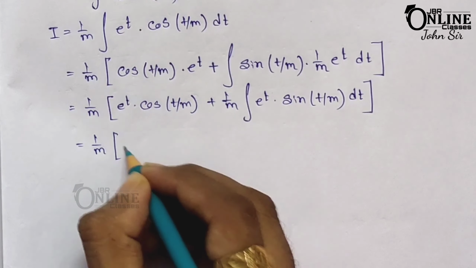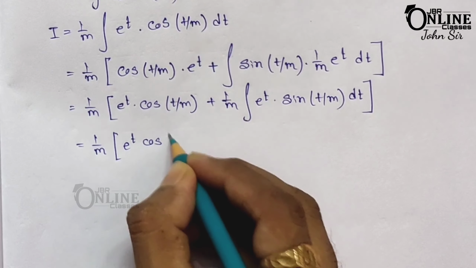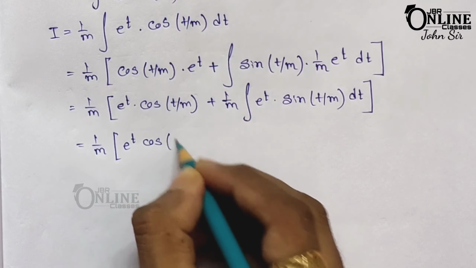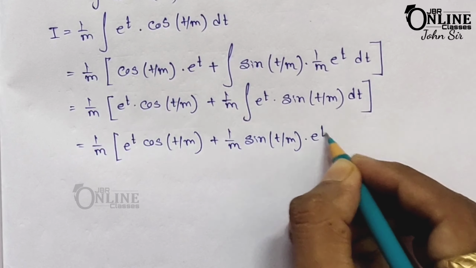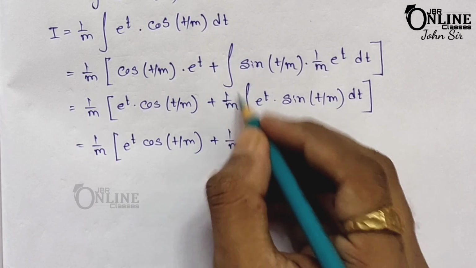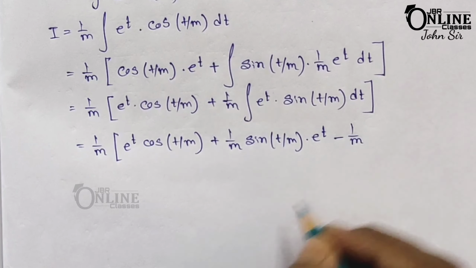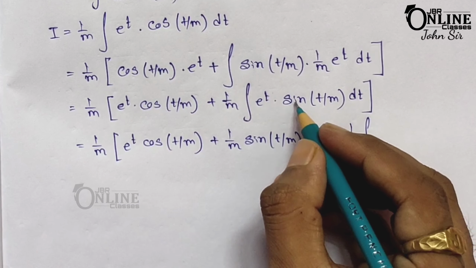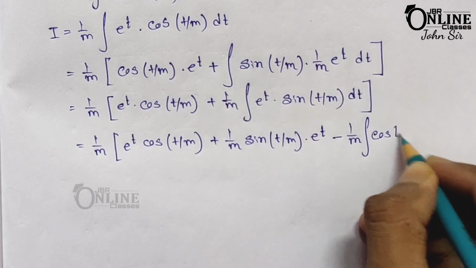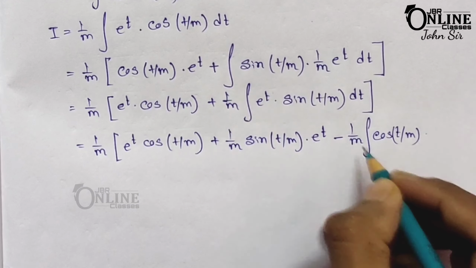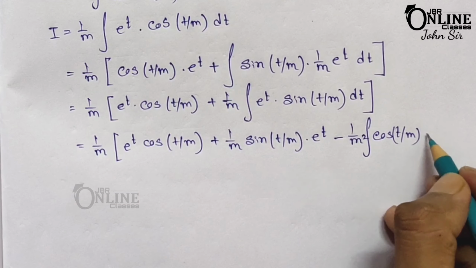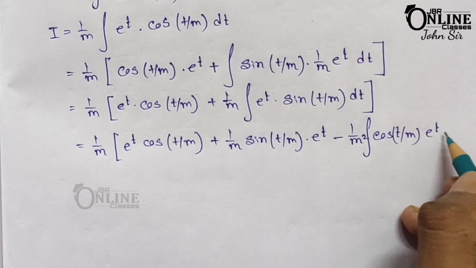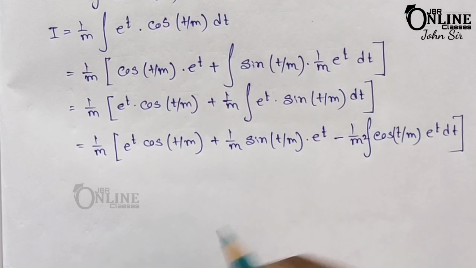So 1 by m e to the power t cos t by m, then 1 by m, first write down sin t by m, then e to the power t, then minus this 1 by m will be here also 1 by m. Now integration, derivative of this one, so cos t by m, again 1 by m, so it will be, write down here m square, and e to the power t dt.